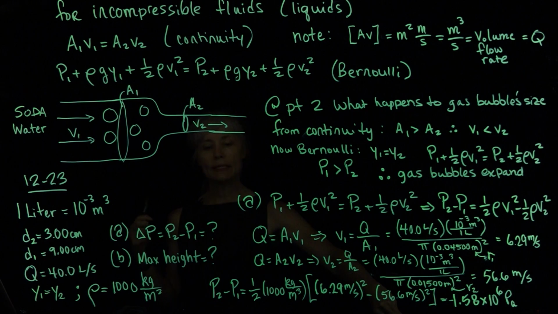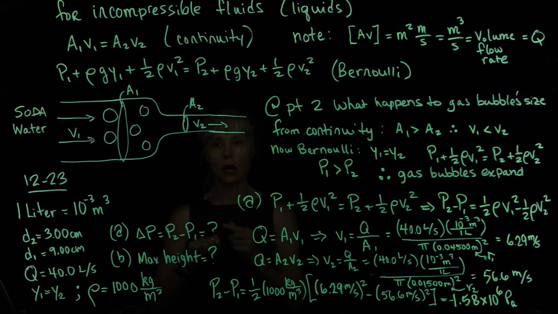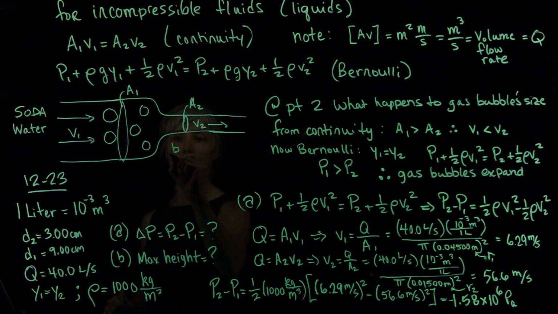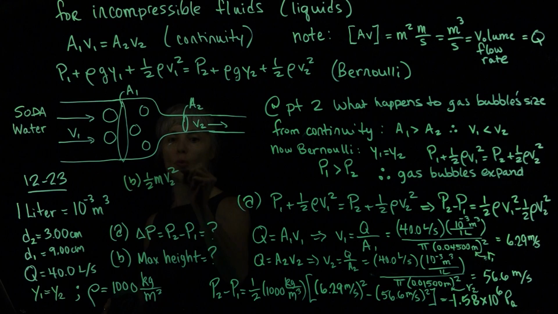And so it's a very simple case of just setting the kinetic energy that it has when it leaves the nozzle equal to the potential energy it has when it reaches the top. So for part B of number 23, it's just 1/2 m v2 squared.